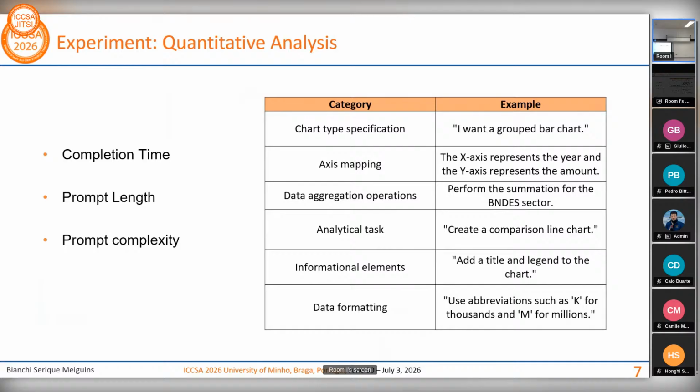Prompt complexity evaluates the structure of the instruction. You need to compose it by the data visualization type, axis, and other encodings, for example. So we consider categories such as type, axis, as I said, aggregation, analytical task, information elements, and data format.